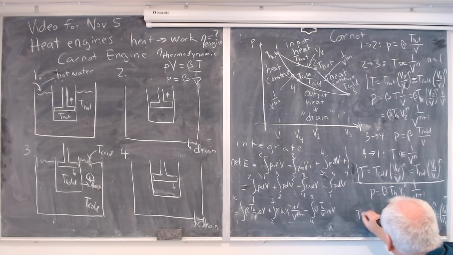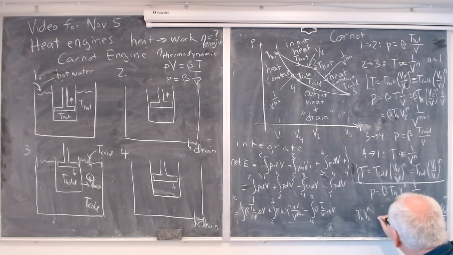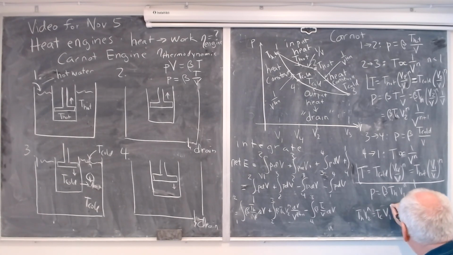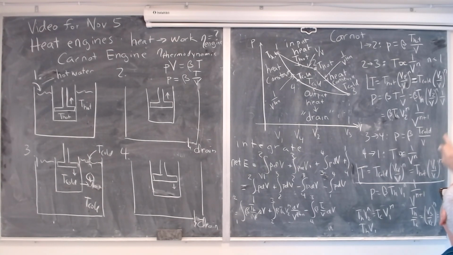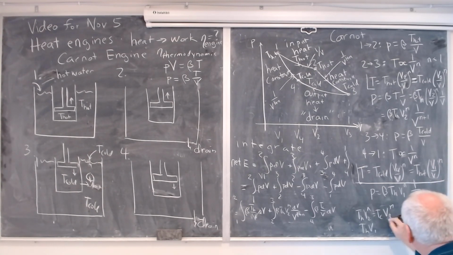T hot V2 to the N is equal to T cold V1 to the N, and from here, T hot V, whoops, let's see, that should be 3, sorry. T hot V1 to the N is equal to T cold V4 to the N. And you put those together to get that.